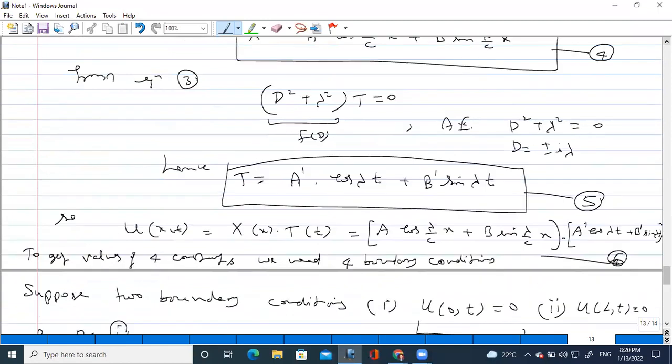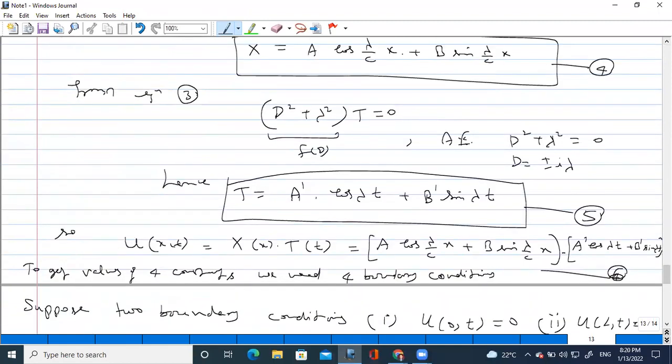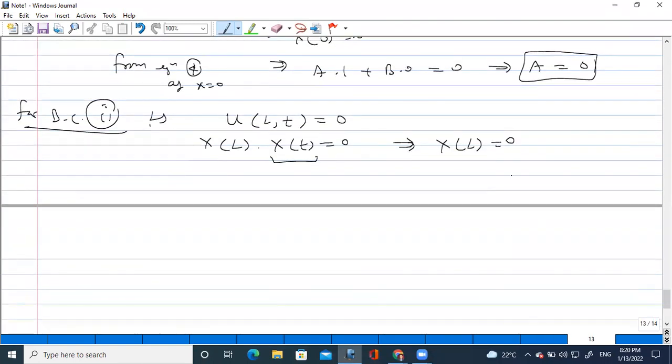From equation 4 again, you put x equal to L here. So B into sine of lambda by c into L will be equal to 0 because X(L) is 0. X(L) is 0 means A is already 0. So the first term is already 0. So B into sine of lambda L by c will be equal to 0.